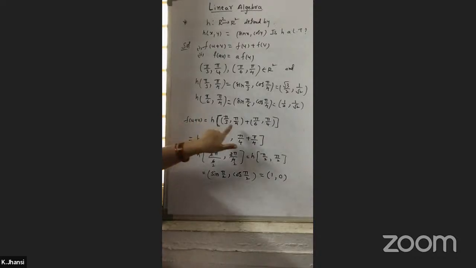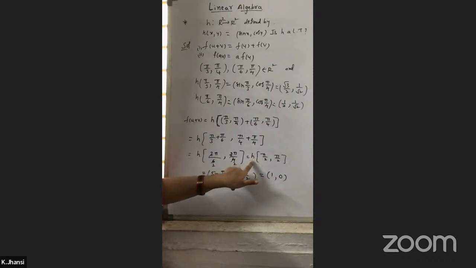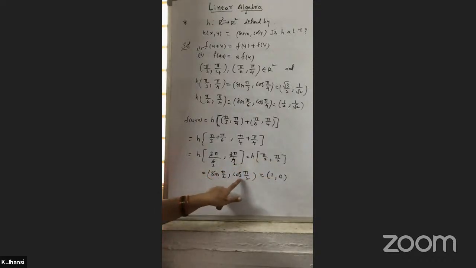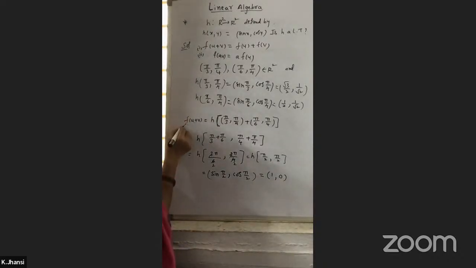Here this is u and this is v. So you are adding these two terms, you get comma pi by 4 plus pi by 4. So again it is in the form of h of x comma y. So x comma y means sin x comma cos y, 1 comma 0.